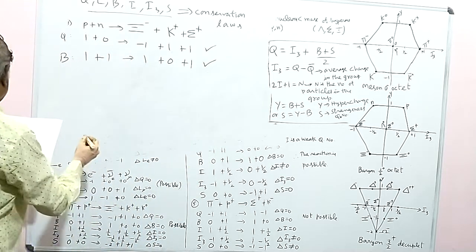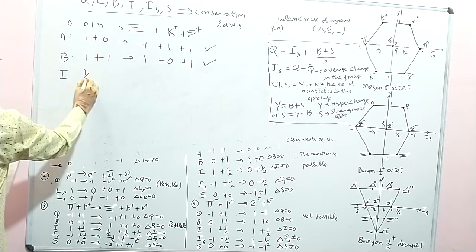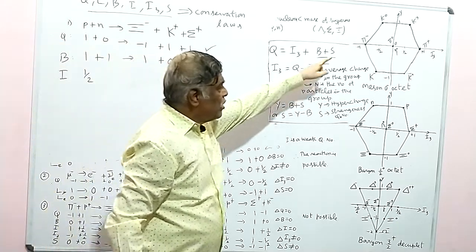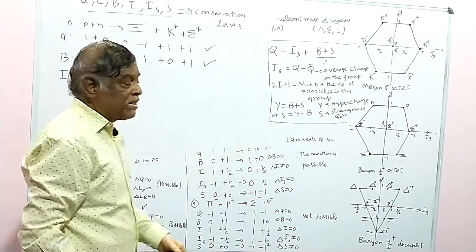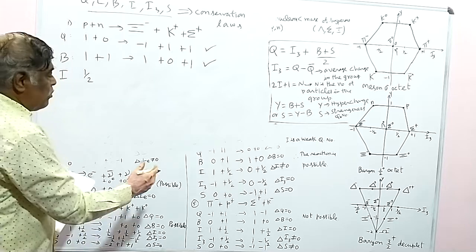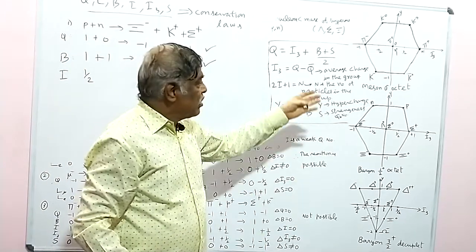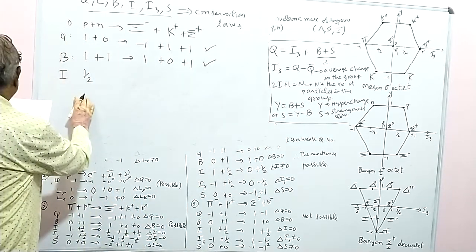And if we take isospin, for p this is half. If you have any doubt, you can use this formula or you can look at the diagram. The diagram is much more important. It gives all the information. So whenever a problem asks this type, you first draw the diagram, and from the diagram you can get all the information. So I is equal to half.